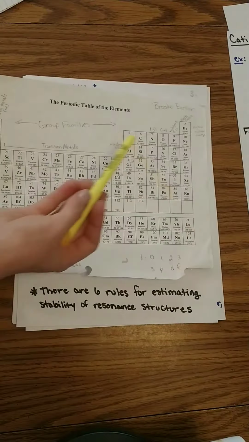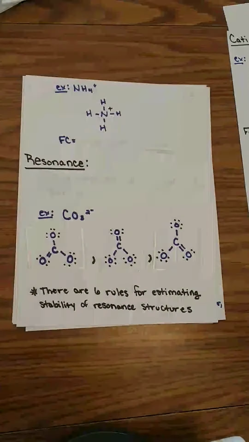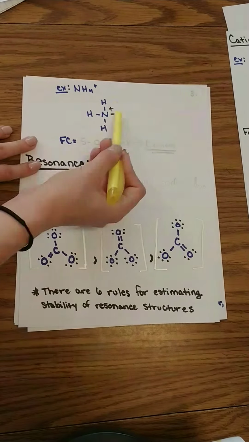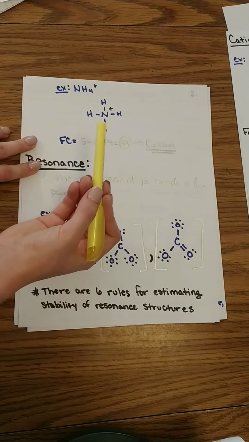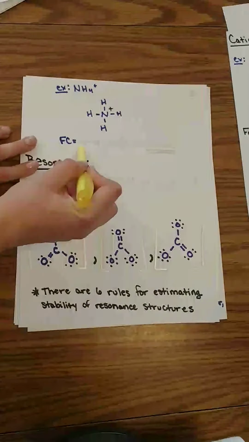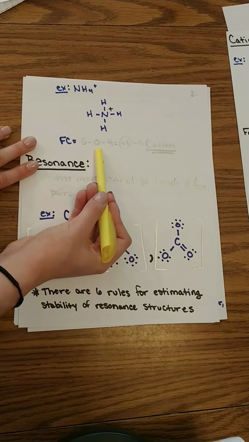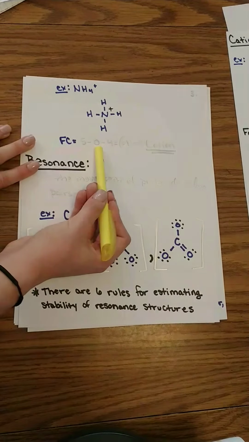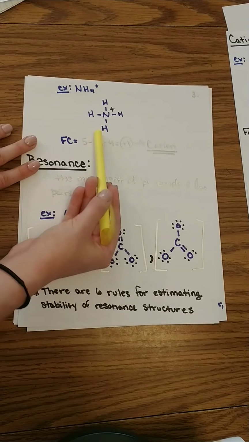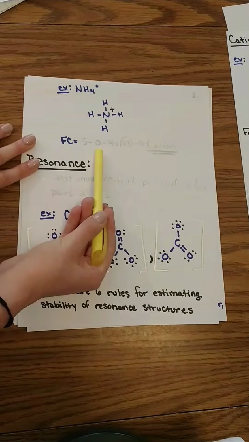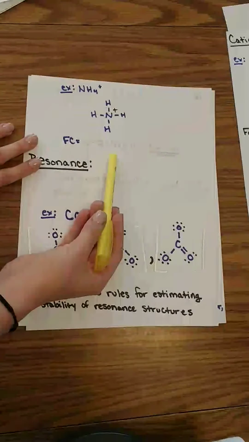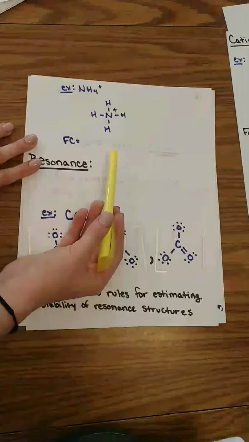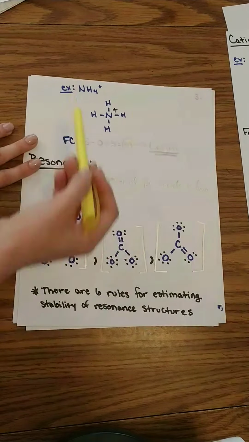We can count over 1, 2, 3, 4, 5, which we did there, or 1, 2, 3, 4, and the plus is included, making 5. And then, how many non-bonding electrons do we have? Well, I do not see any lone pairs, so it's going to be 0. And then, the number of bonds in a participating atom, I got 4, because we just have to count what is connected.